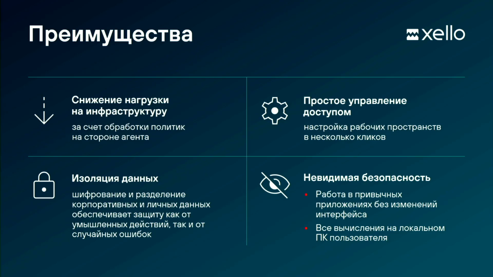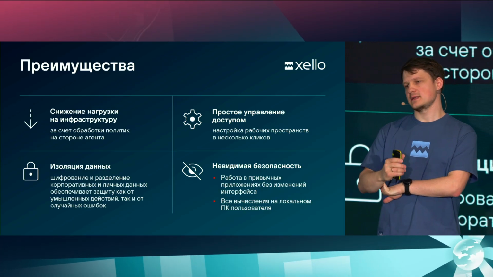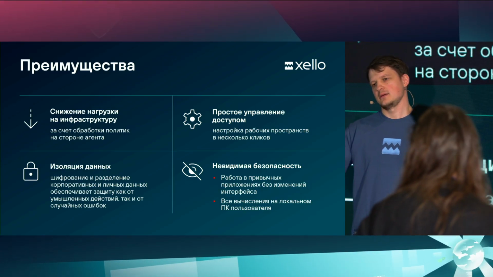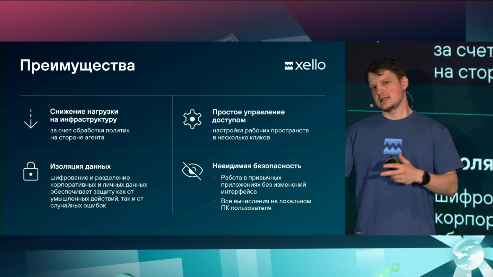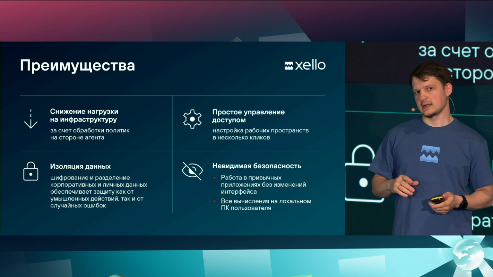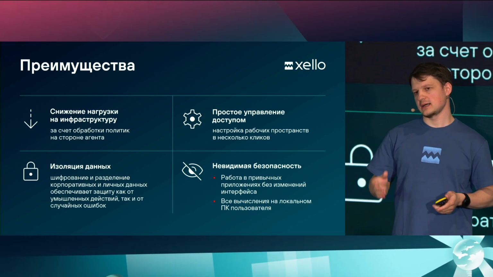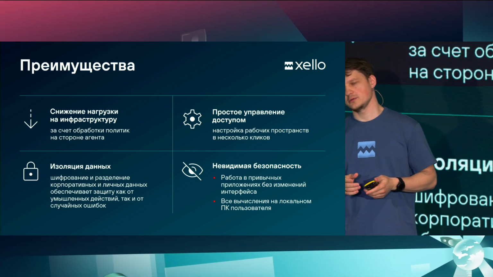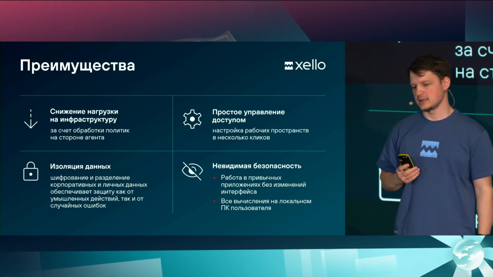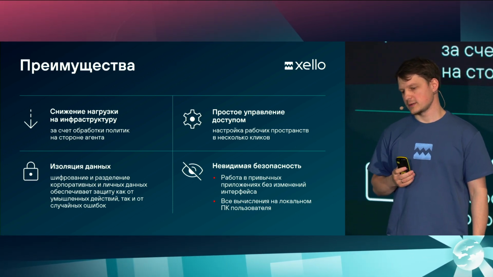So what do we get as a result? First of all, we're limiting load on the infrastructure, because all policies are processed at the agent. There is no extra traffic. And it's like VDI solutions when there is a special server or with a virtual machine. Here we are saving because all computing is done at our computers.